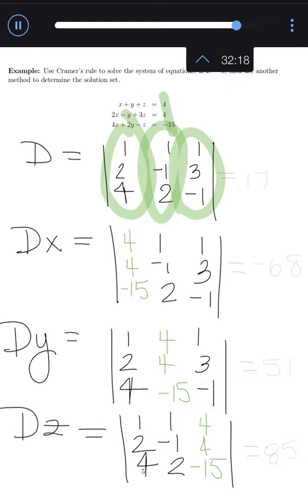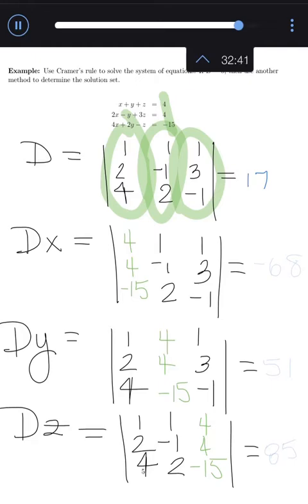Now, if you want to practice this on your own, you can, but let's go ahead and just give you the values of these so that we can actually see how this formula is going to work. The first matrix, D, has a determinant of 17.